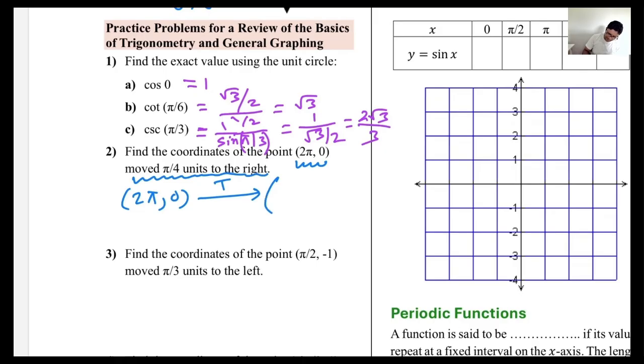If you move it to the right, your x coordinate is increasing by pi over 4, right? And the y coordinate is not changed. Simplify that, you will get 9 pi over 4, 0.